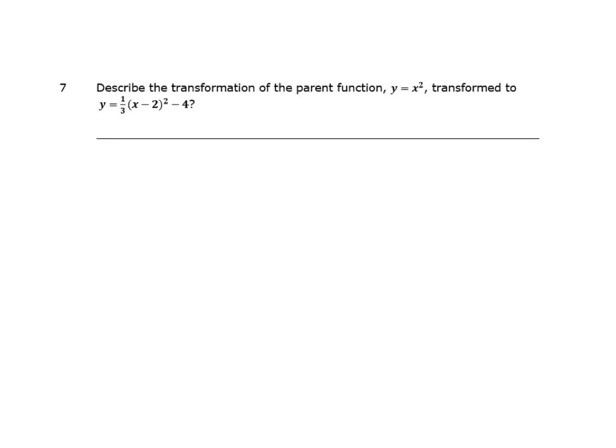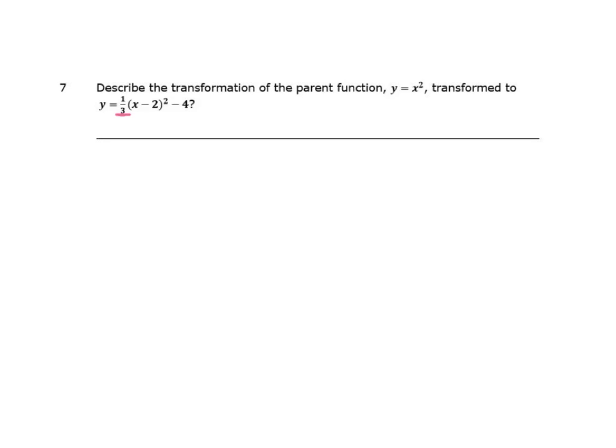Question number 7, you're asked to describe the transformations from the parent function given equation in vertex form. So when you're looking at this, the first thing is going to be to look at the number out front. Is it positive or is it negative? This one's positive, which means no reflection occurred. Then I see it's 1/3.